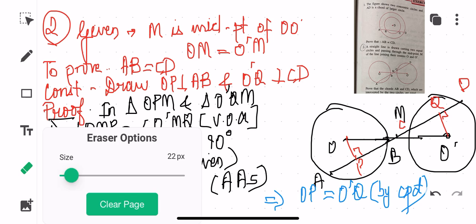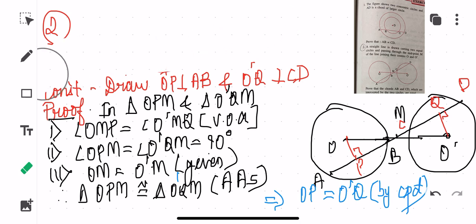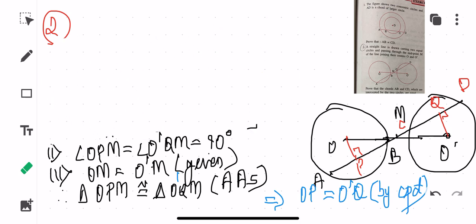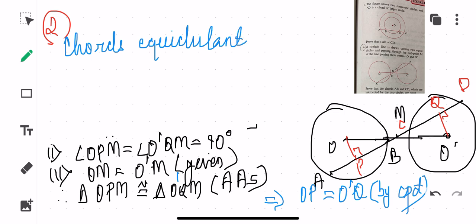And now what you can write, remember the theorem, children, which said that the two chords of a circle which are equidistant from the center are equal to each other. So what you will be writing, chords equidistant from the center are equal to each other.